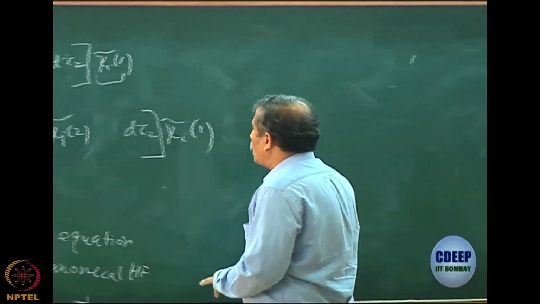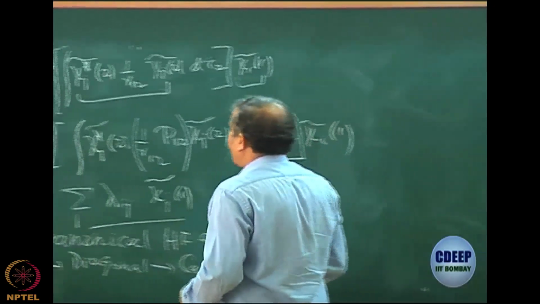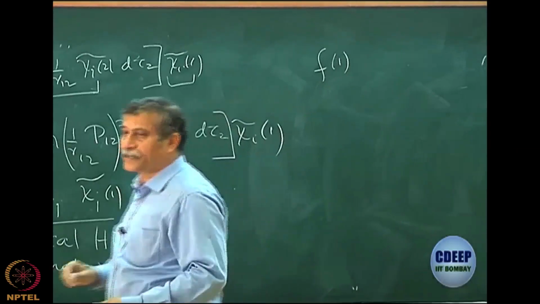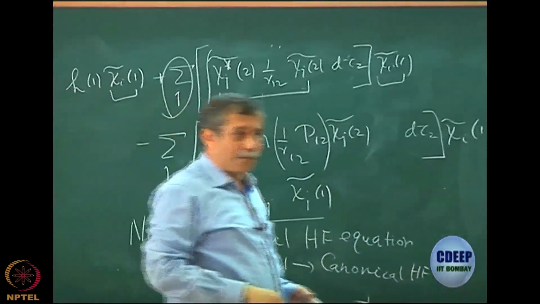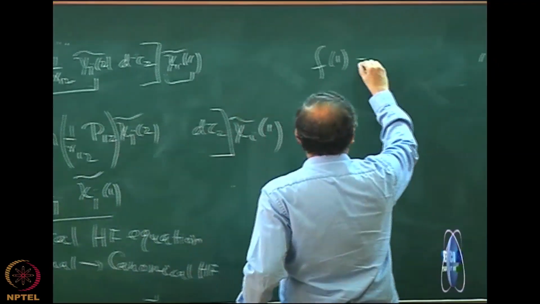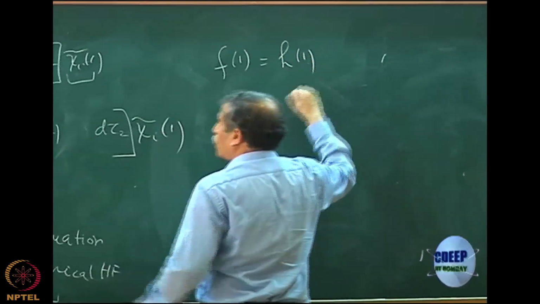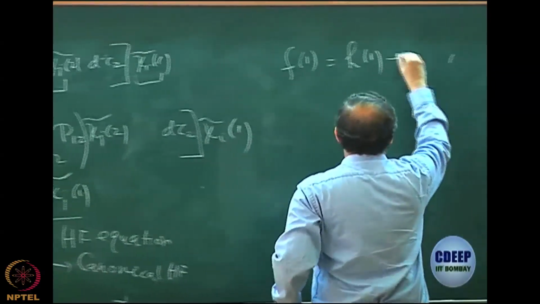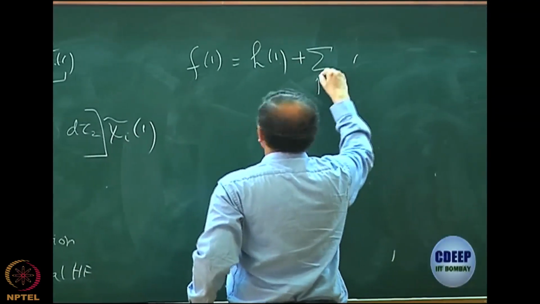So now what I do, I define an operator called F. This is something that you know, the Fock operator. This operator is called the Fock operator, F of 1, which is just the operator H of 1. I am not going to write the chi I tilde 1. They will be all out. Plus sum over j, I am only writing the operator part.